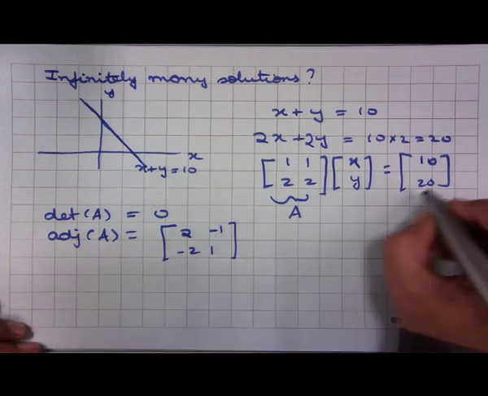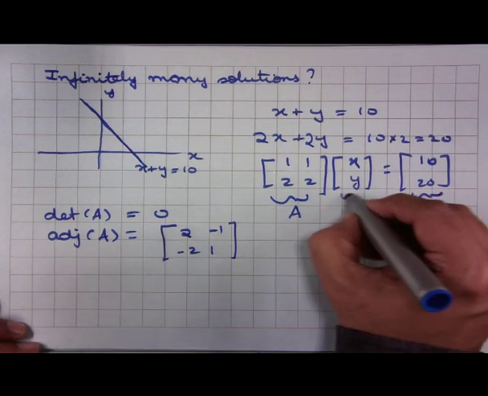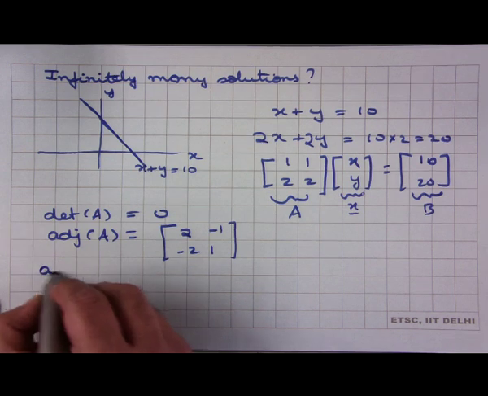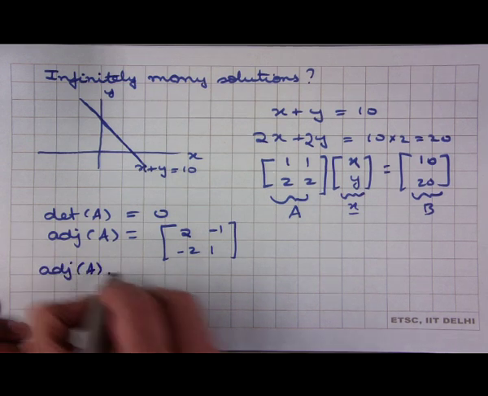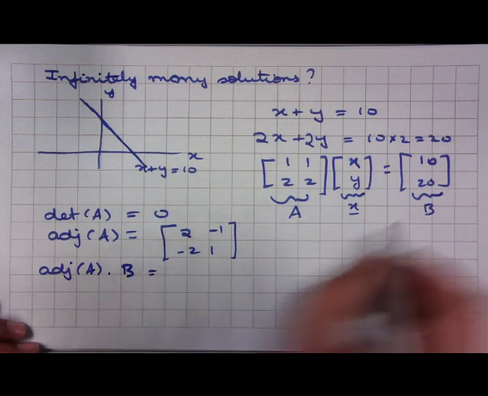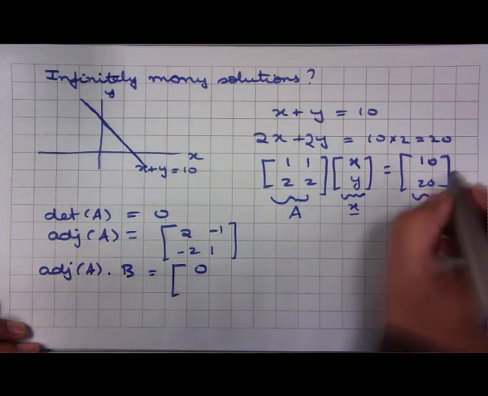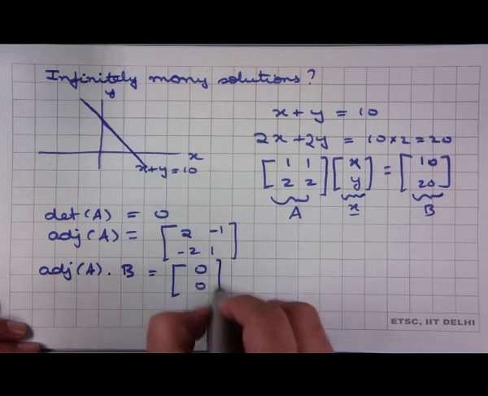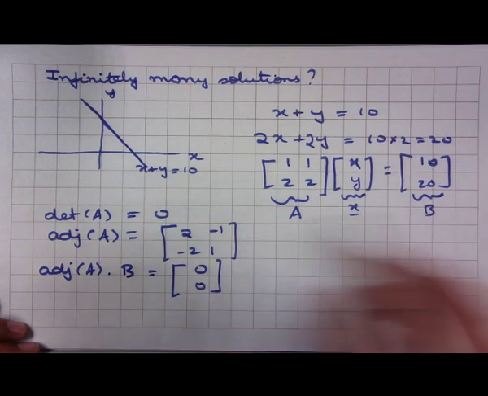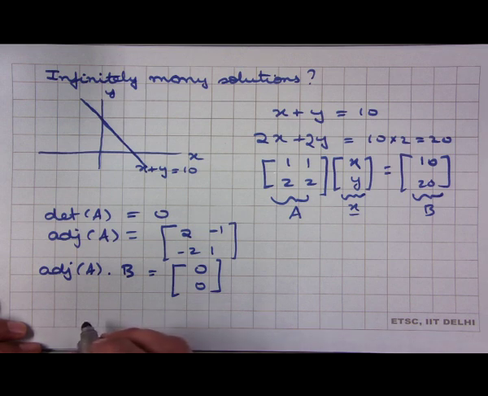What is the adjoint of A times B? The adjoint of A times B is going to be 0 and 0. So, this is a case where both the left hand side and the right hand side are going to be 0.